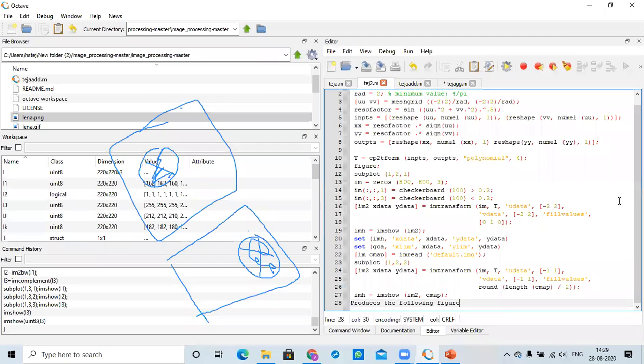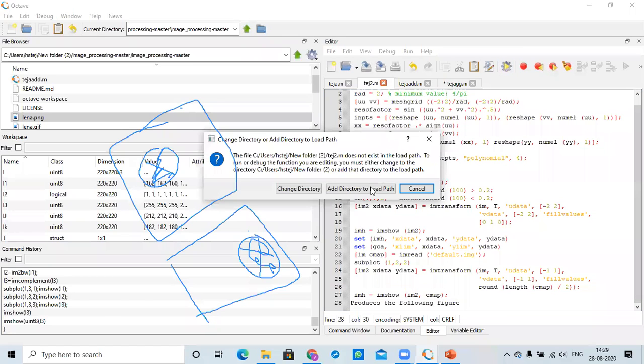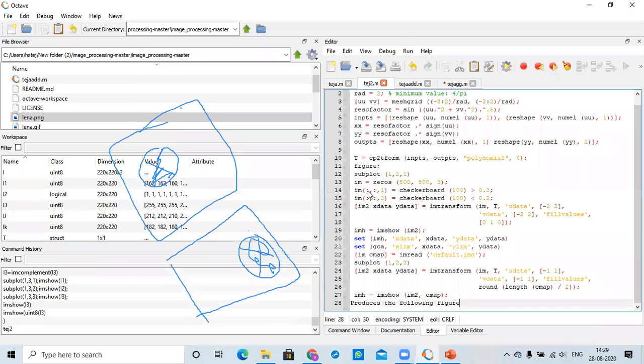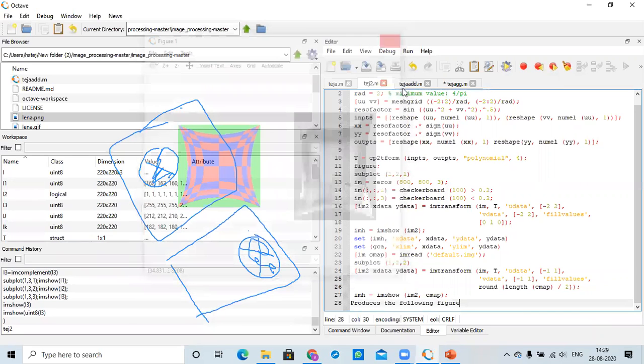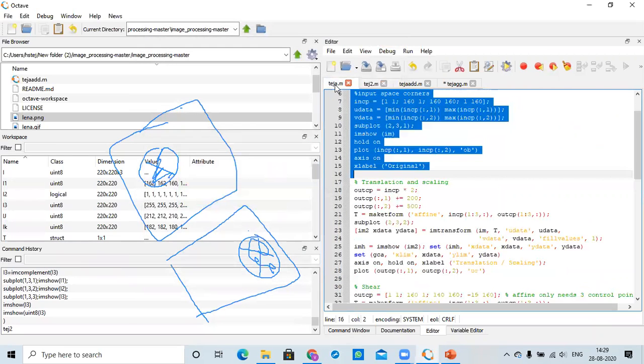Now you see here. This is one example of scaling, and another example is there.